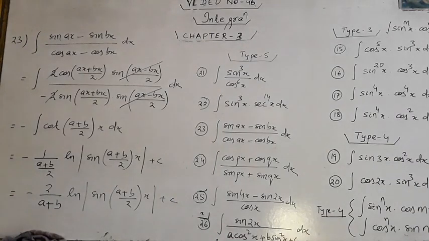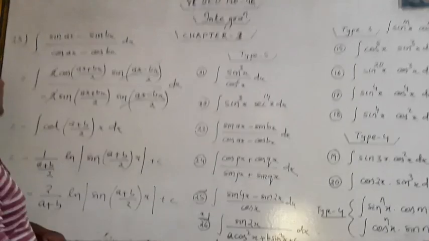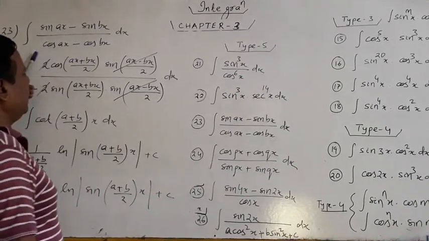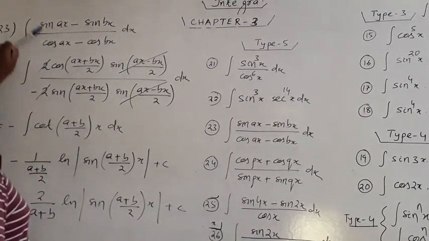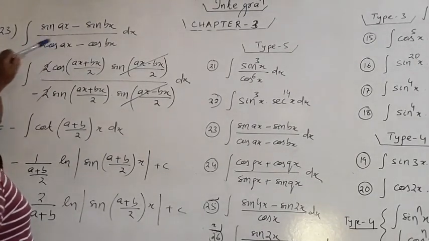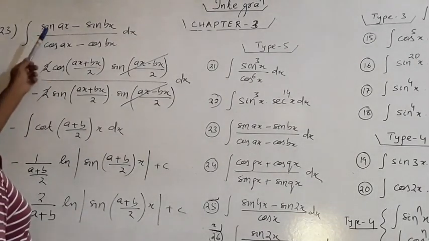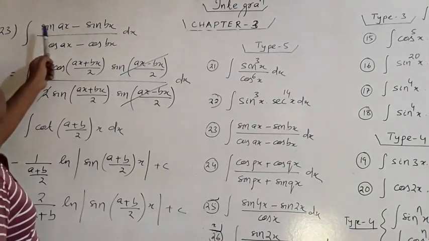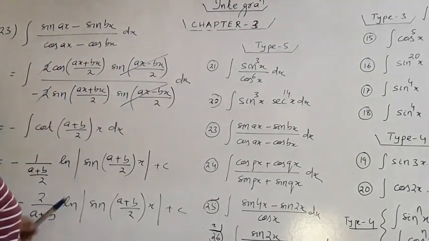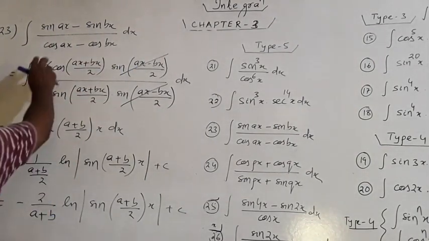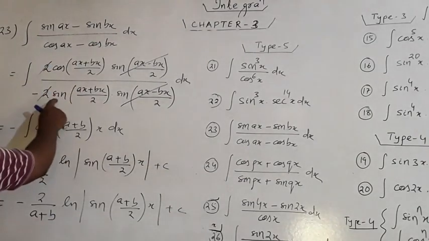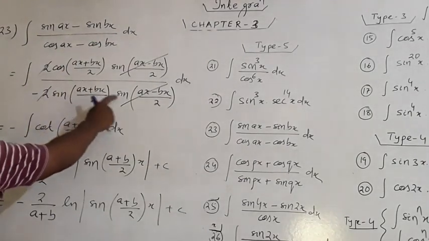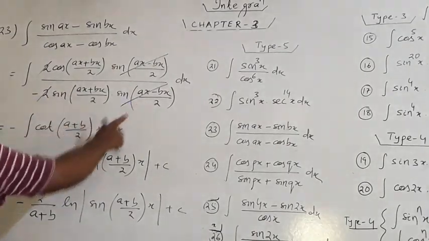Now look at here, number 23. I am applying here sin c minus sin d. Here applying cos c minus cos d. Very simple problem. Sin c minus sin d, 2 cos c plus d by 2, sin c minus d by 2, and applying this formula cos c minus cos d, minus 2 sin c plus d by 2 into sin c minus d by 2.